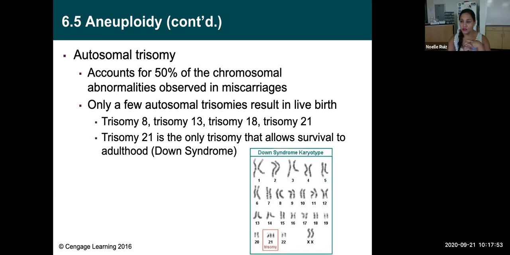So if a child has 3 copies of chromosome number 21, that child has Down syndrome. If they have 3 copies of any of the other ones, they normally don't last into adulthood.